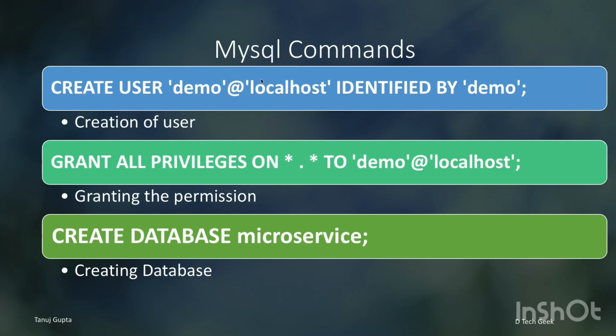You can run all these commands sequentially. First is create user, username, and then identified by the password. Once this demo user is created, you just need to grant all the permissions to this user using this command, grant all privileges, and once this granting is done, you just need to create the appropriate database as a part of this project.